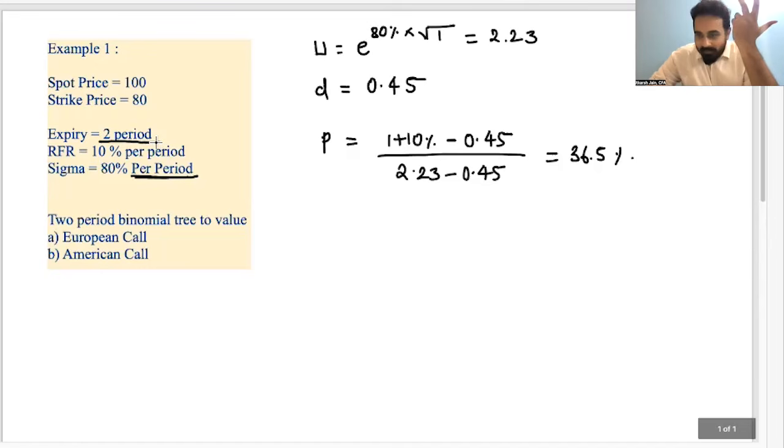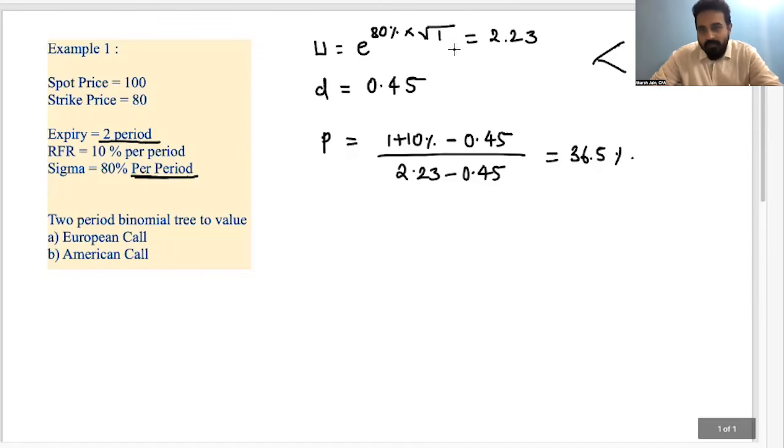It could be a year, it could be a day. I don't know what that period is. But whatever that period is, when I build a tree, my U and D are per node of the tree, per leg or branch of the tree. So one leg of the tree is 1 period.